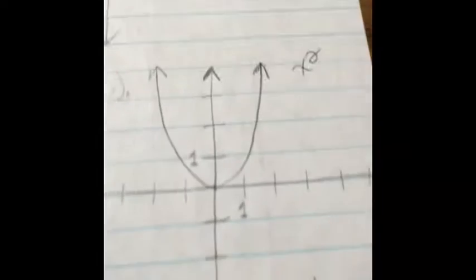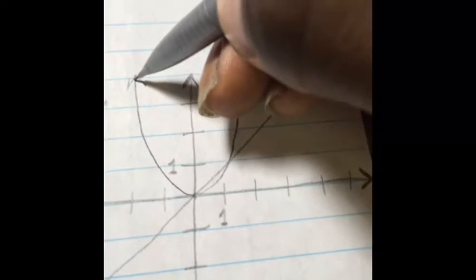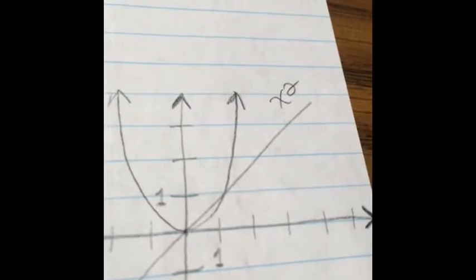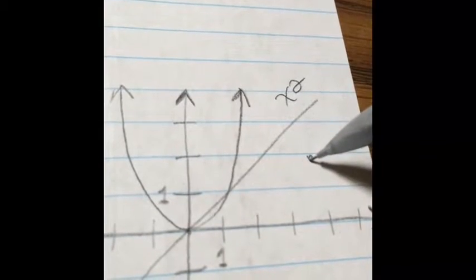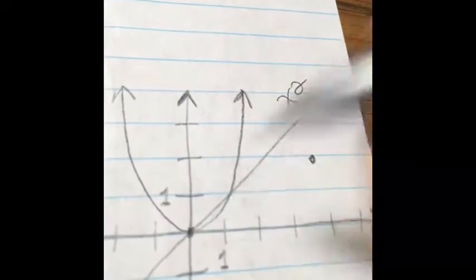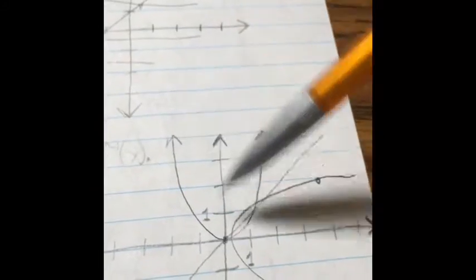The inverse of said function would be that function flipped over the y equals x line. So this would come over here, this would come over here, and this point would stay, and you would have something like this. That would be the new graph, because it would flip directly across that line.